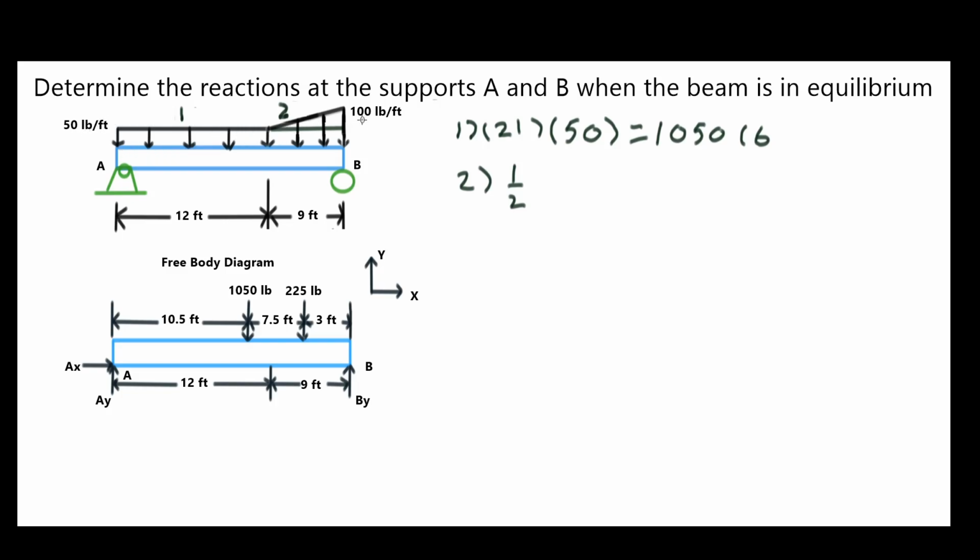So you just have to subtract this from the 100 pounds, which turns out to be 50 pounds. So we'll multiply the base, which is 9 feet, by the height, which is 50 pounds, and that gives us a rating of 225 pounds.